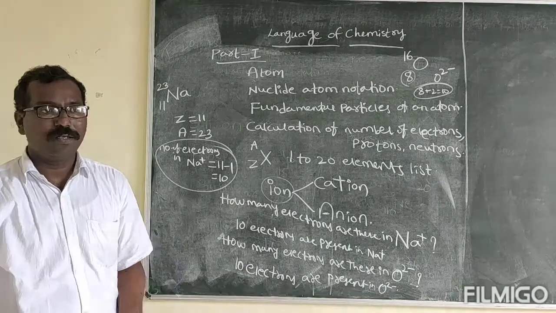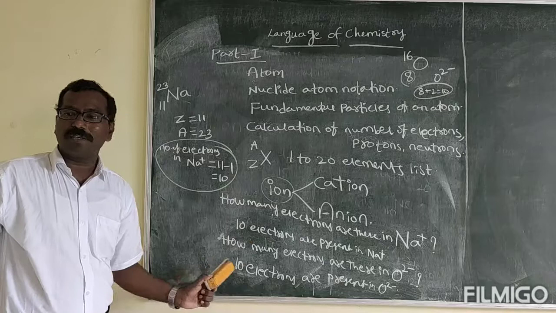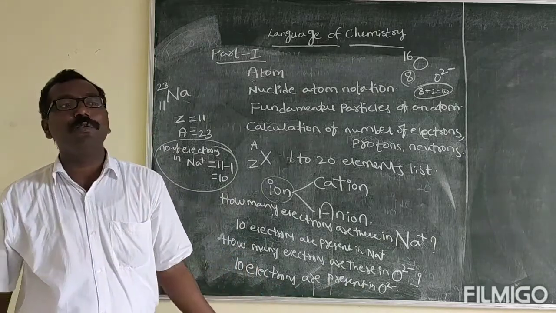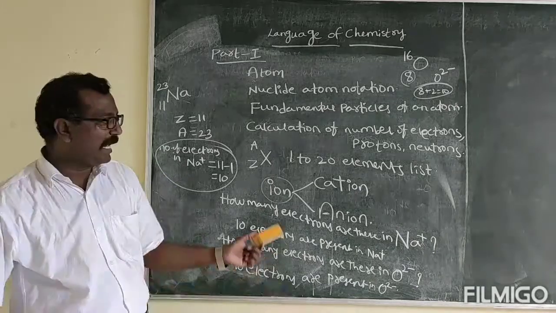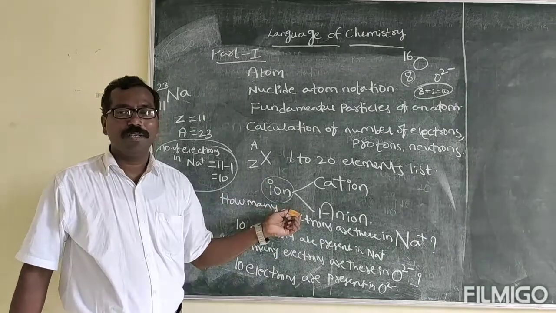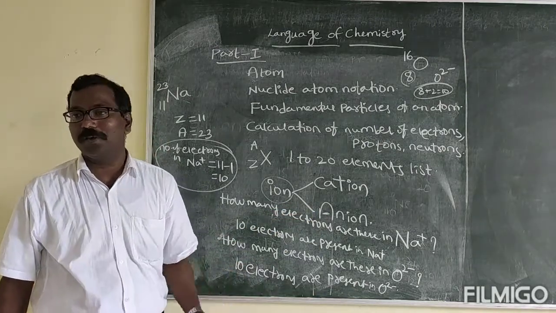Is it or not? So that's why there is a change only in the electron number. There is no change in the proton number. There is no change in the neutron number when an atom becomes an ion. Okay? So there is no change at all. That you should keep in your mind.